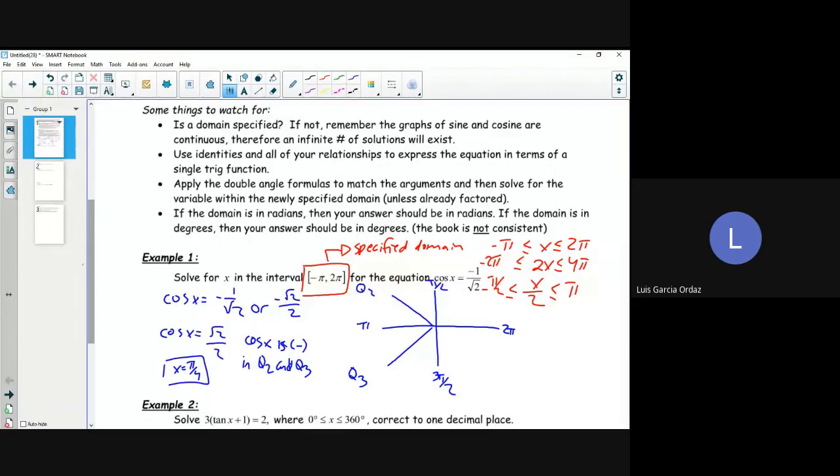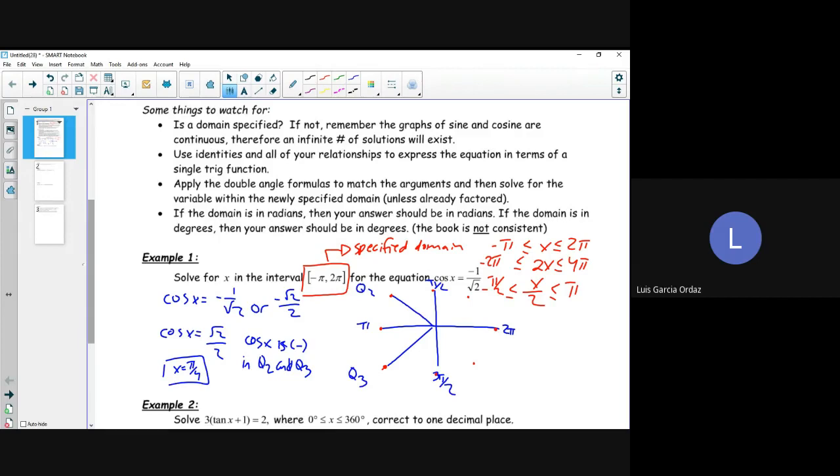We're breaking up each quadrant into 45-degree intervals. So we have 0, 45, 90, 135, 180, and so forth.